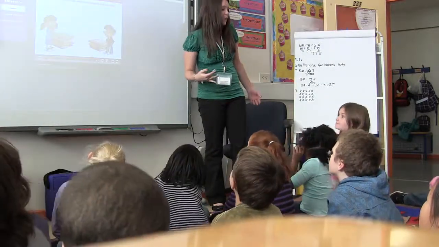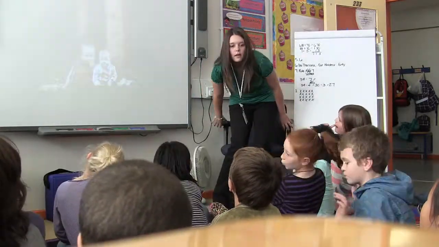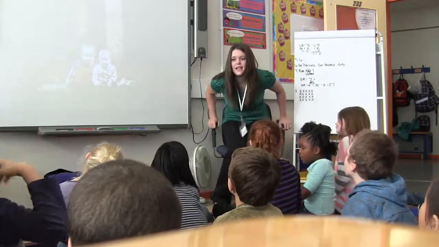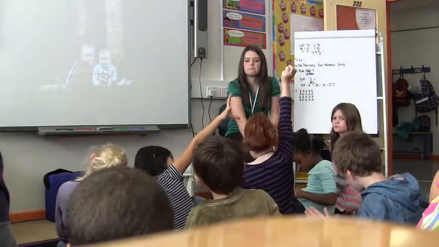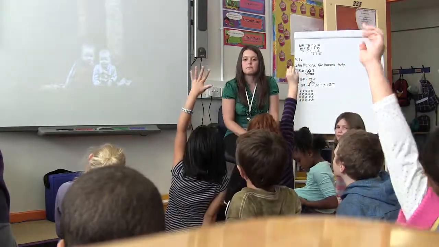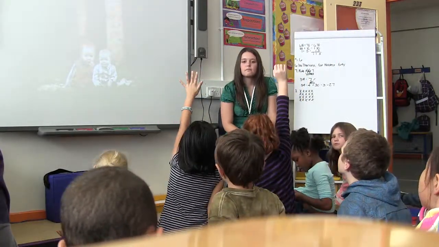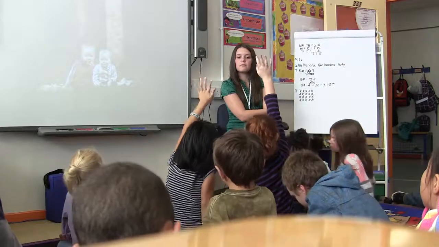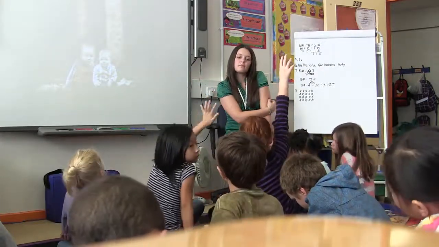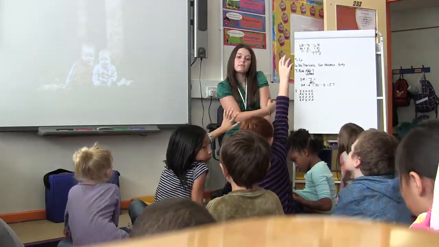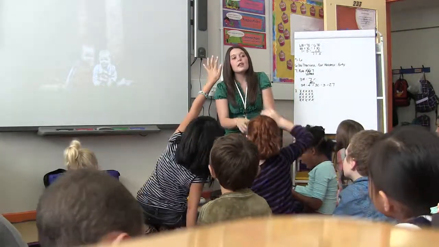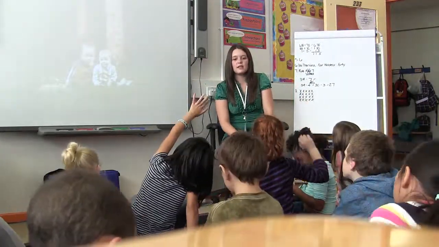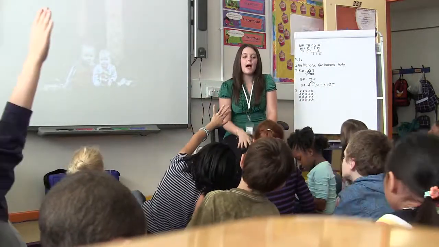Does that make sense? Who has any questions? What was a number sentence? Gavin. It's an addition or a subtraction problem that has a sum and an equal sign. Good. Could it also be multiplication or division? Yes, because those are operations.